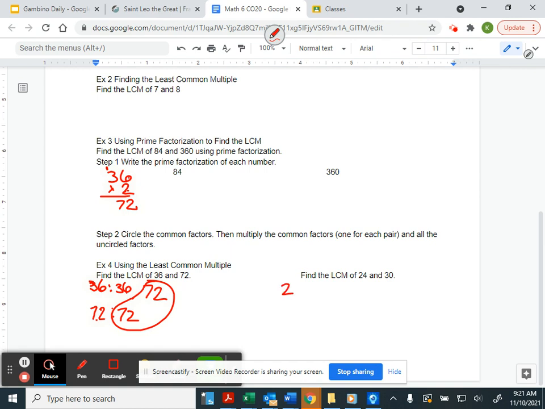Now we need to find the least common multiple of 24 and 30. 24 times 1 is 24, times 2 is 48, times 3 is 72, right?